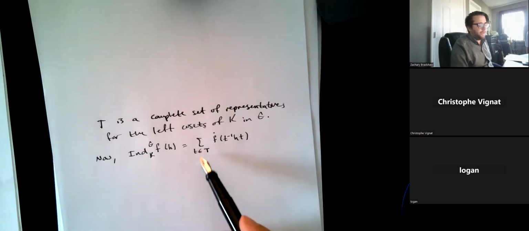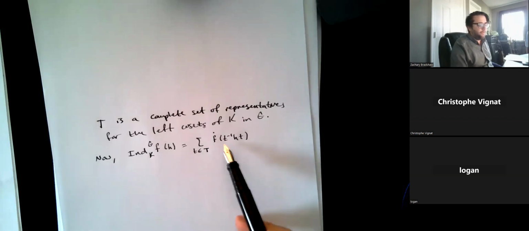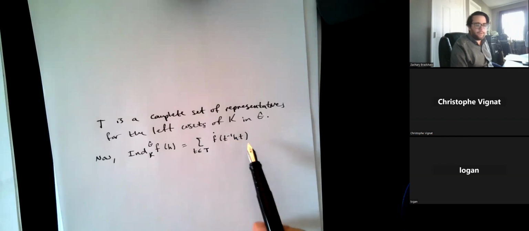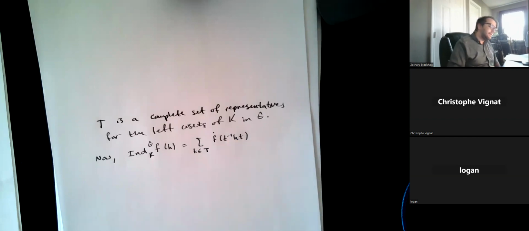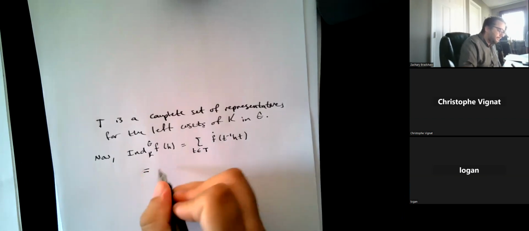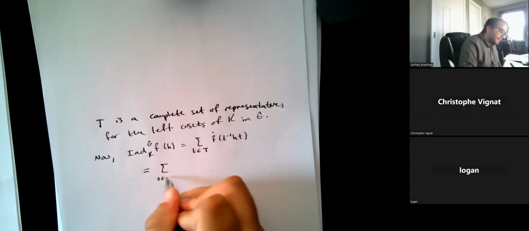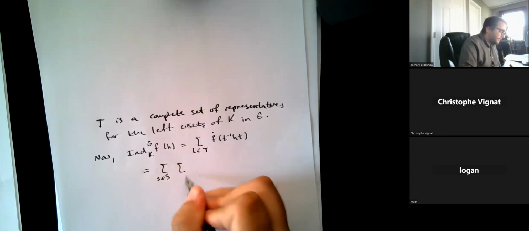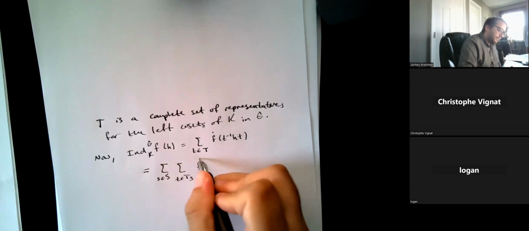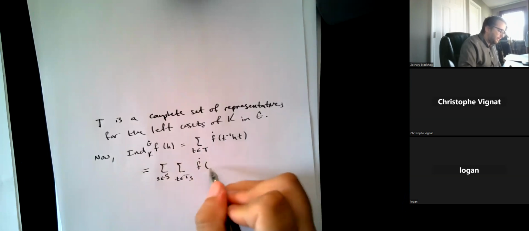This was a sum from i equals 1 to m, and these were representatives of the left cosets. So this would be T_i inverse, T_i, in the other notation. And this is equal to the sum over S in S, the sum over T in T_S. So we're just unpacking now.